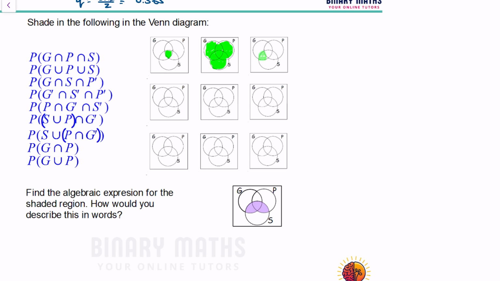Okay, next one. So let me just write this as 1, 2, 3. So 1, 2, and 3. This is 4. So not G and not S and not P. That part is just everything on the outside.